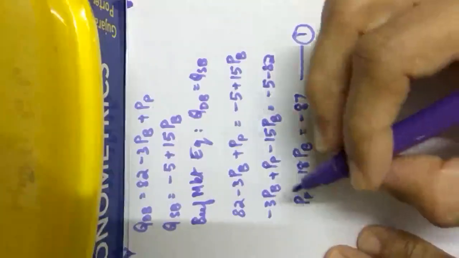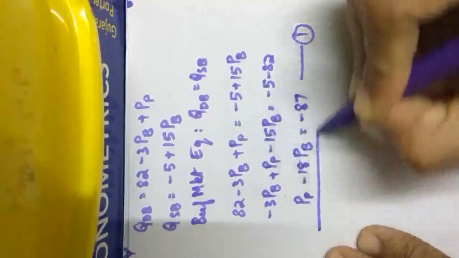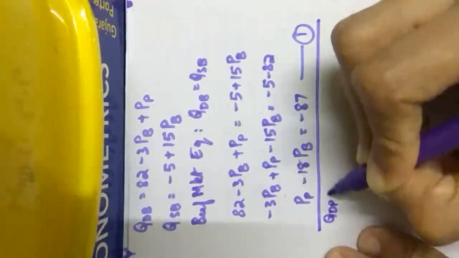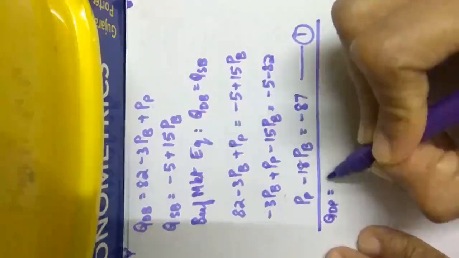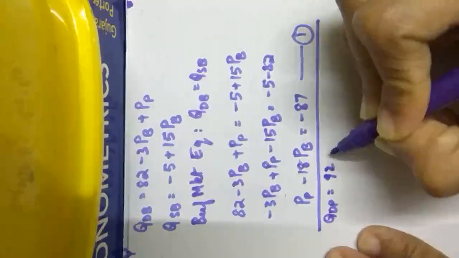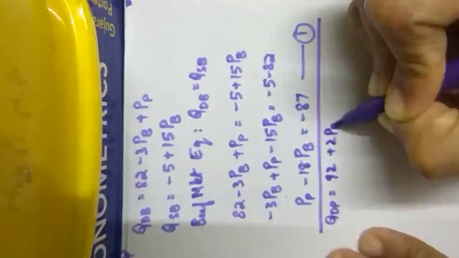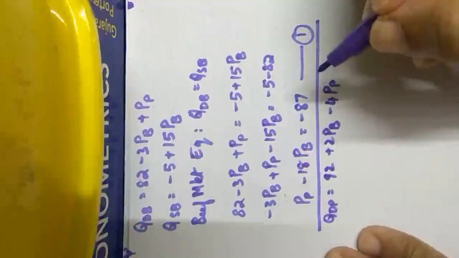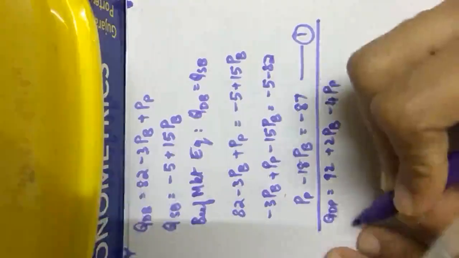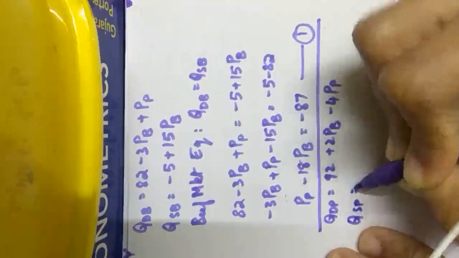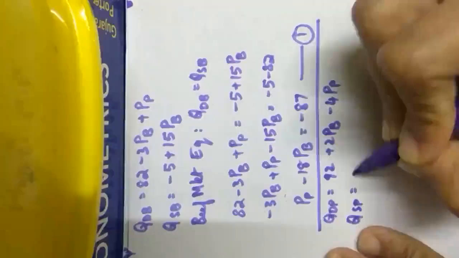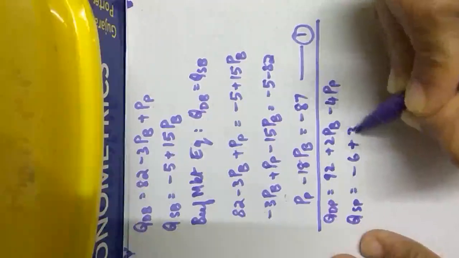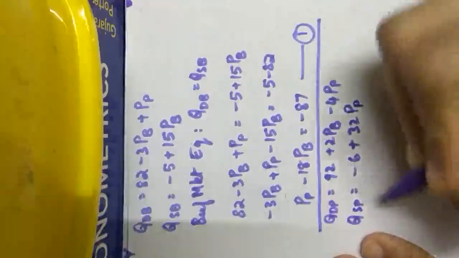Now let's move on to the pork market. Again, I have the quantity demanded of pork given to me in the question, which is 92 plus 2 times PB minus 4 times PP. And the quantity supplied of pork is equal to minus 6 plus 32 times price of pork.